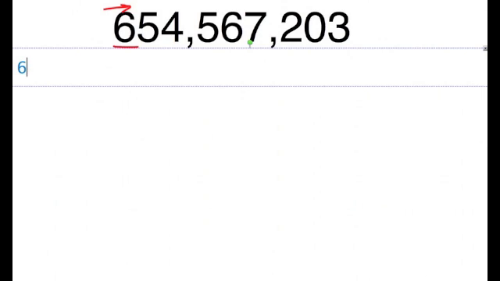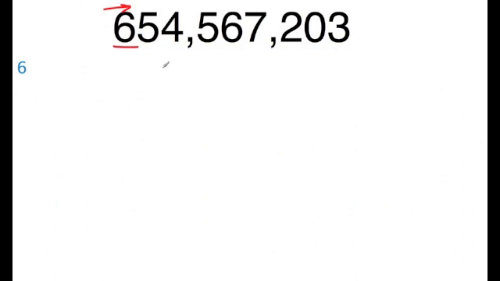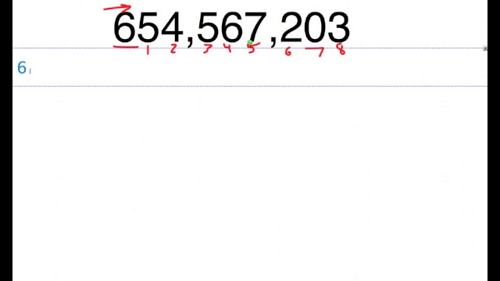And then what I'm going to do is count how many places are to the right of the 6. So I've got 1, 2, 3, 4, 5, 6, 7, 8 places to the right of the 6. So I'm going to jump back in here, and 1, 2, 3, 4, 5, 6, 7, 8. Put my 8 zeros down.